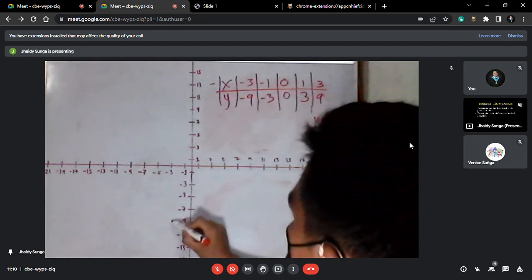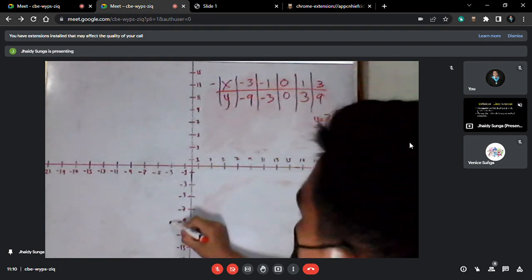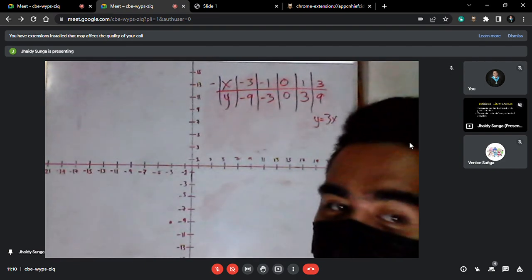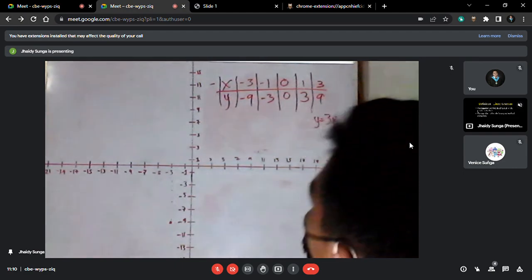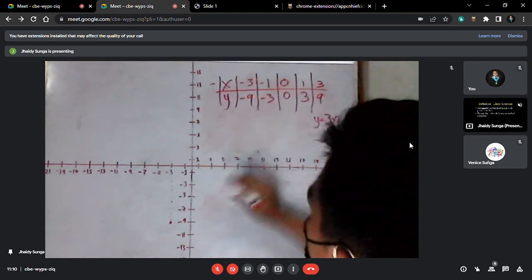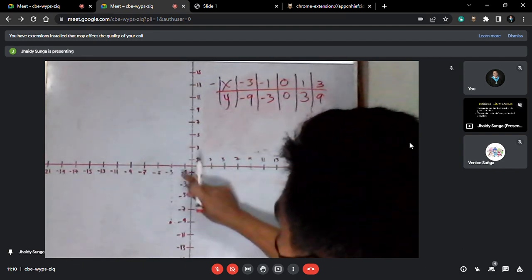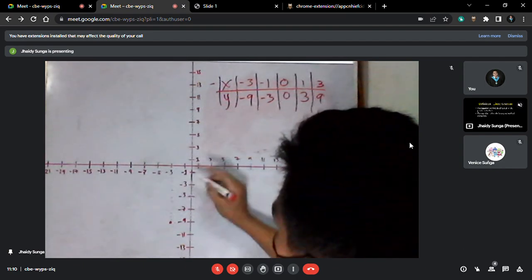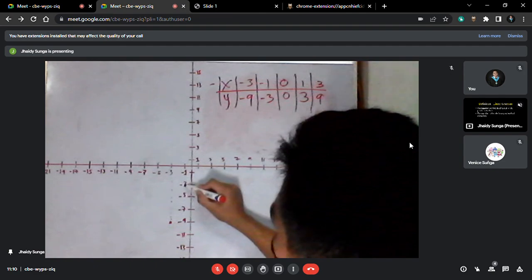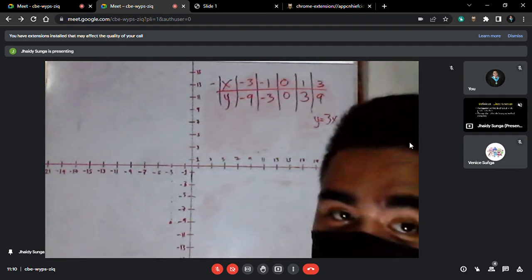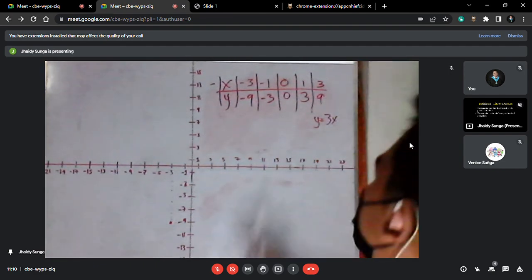So the point is in here. Can you see? All right. So next, negative 1, negative 3. Your point is in here now. So let us just put it in here. Okay? All right. So next, 0.